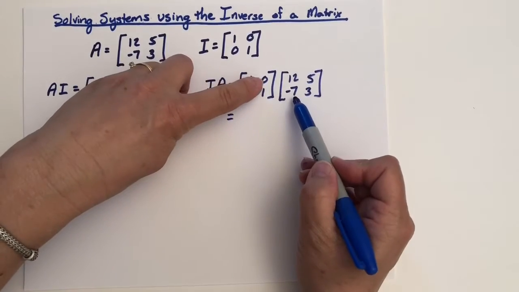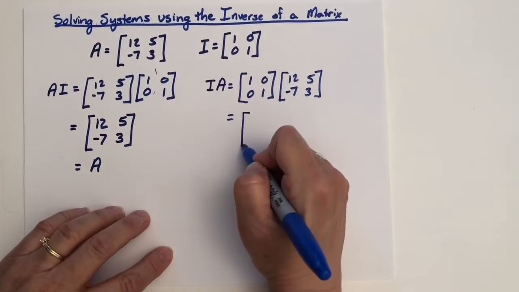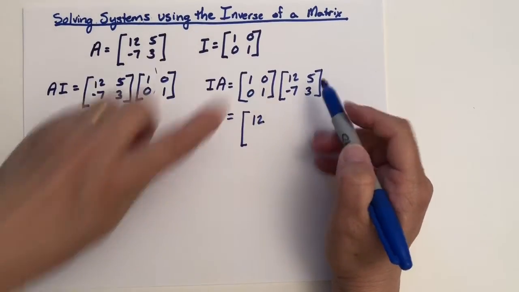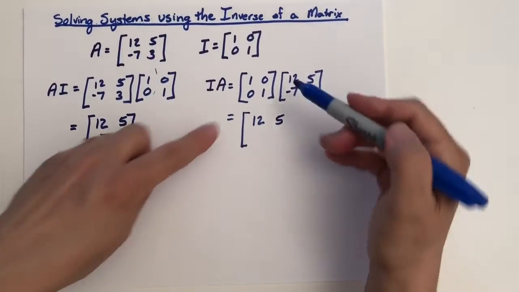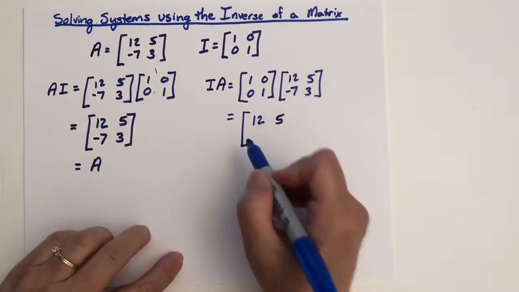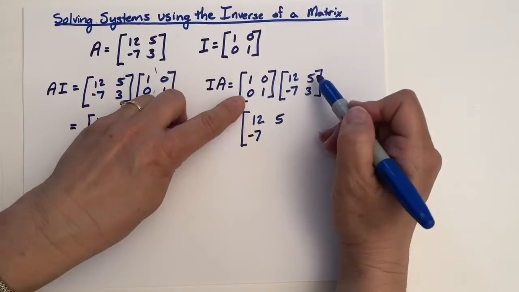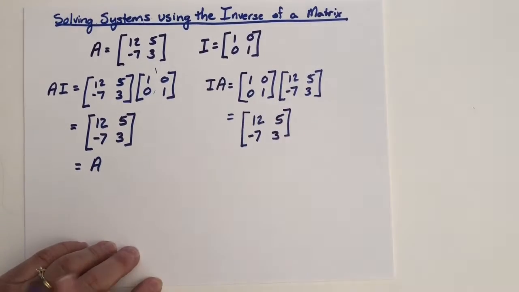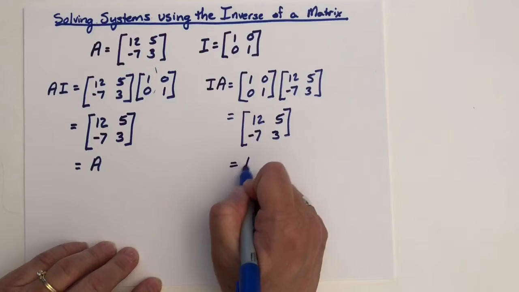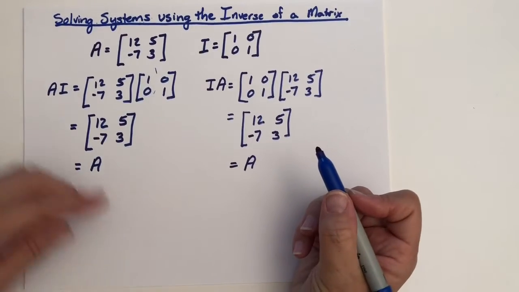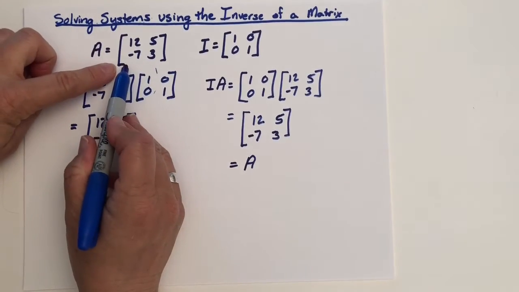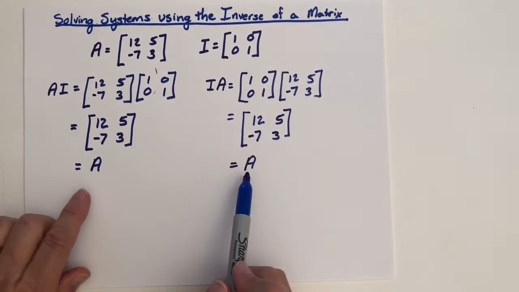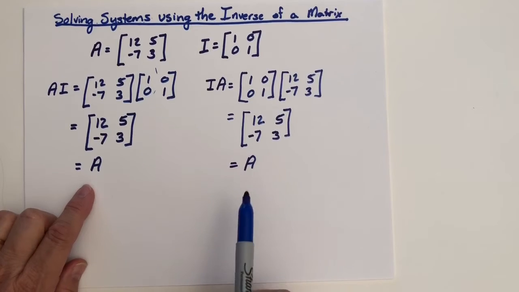We have 12 plus 0, 5 plus 0, 0 plus -7, and 0 plus 3. And again, we end up with our matrix A. So when we began with A, it didn't matter if we multiplied by I second or multiplied by I first. It didn't change the value of our matrix.